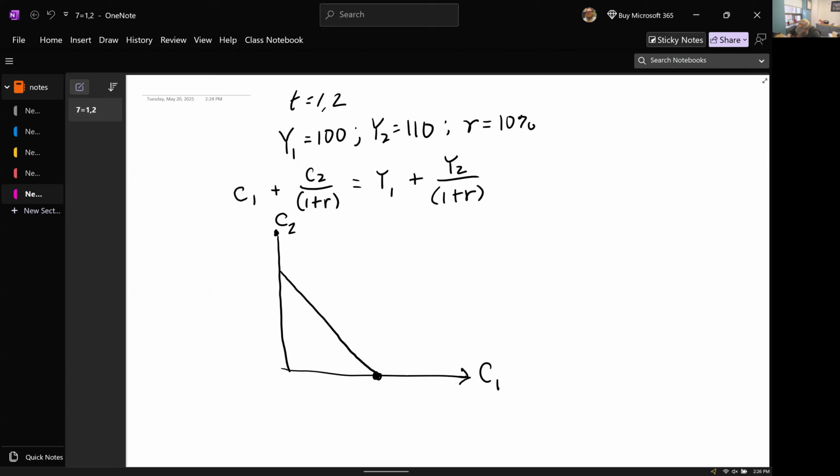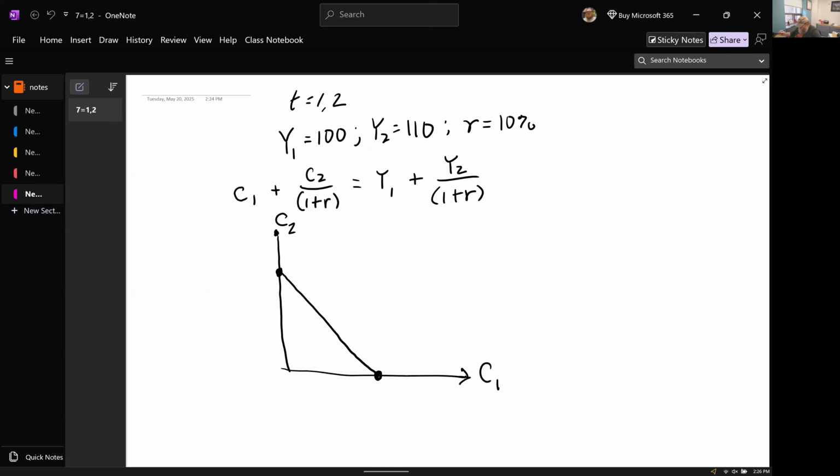And just like the budget constraints before, we ask ourselves, okay, what's the most I could consume in the current time period? That would be if I spent all of my current money plus future money on consumption in the current time period. So what is this particular value here?